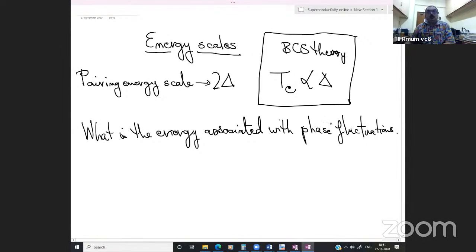Okay. Now, before I proceed, there is one confusion I'd like to first remove. There is already one phase-driven effect that we have studied in this course, and that is phase slips in nanowires.